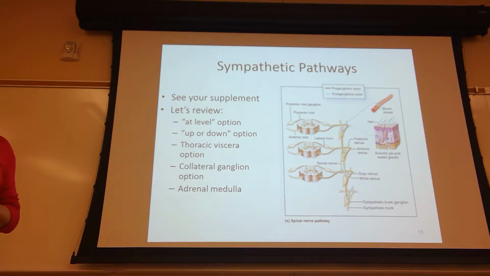How can it get to its involuntary effector? These options that I'm going to go through for the preganglionic fiber and postganglionic fiber will have different terms in your textbook. They might say at level, up or down, thoracic viscera, collateral ganglion, or adrenal medulla.